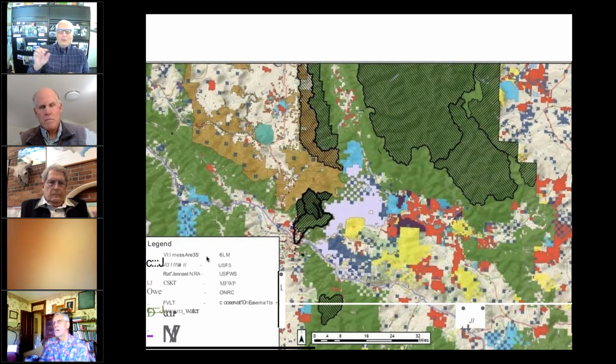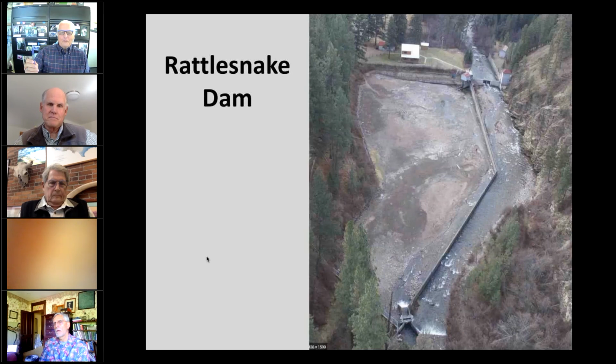And just a little bit of irony, initially in the efforts to designate the recreation and wilderness area, the Forest Service was concerned that the Rattlesnake Wilderness was too small and isolated. Well, we've evolved from there. And going back, here's the dam that was built over 100 years ago.